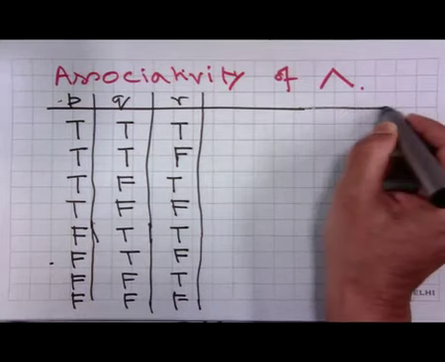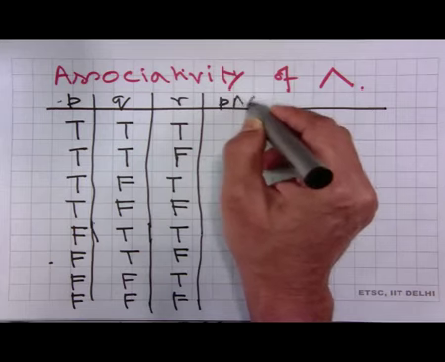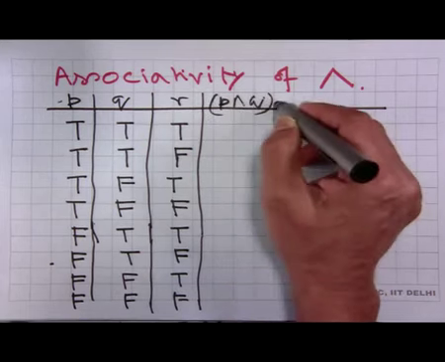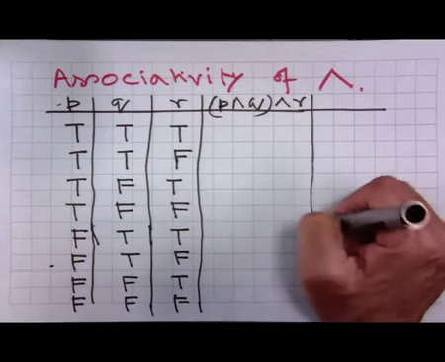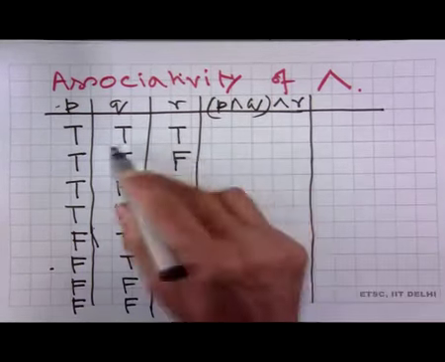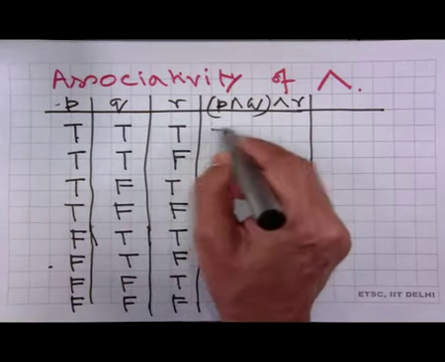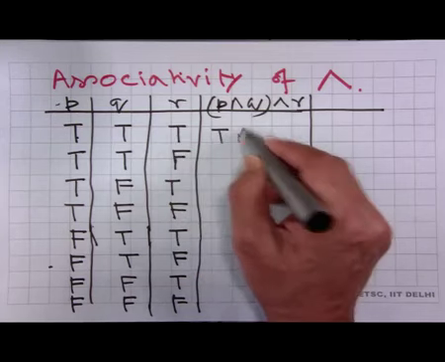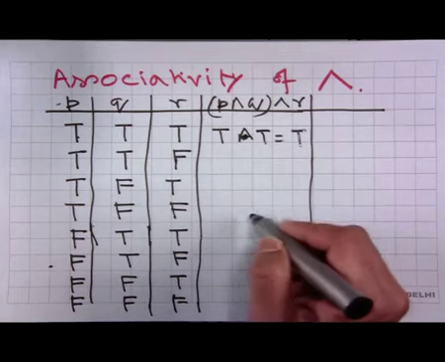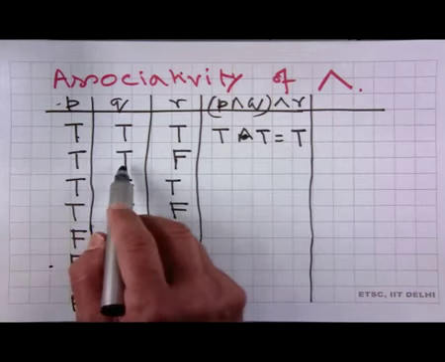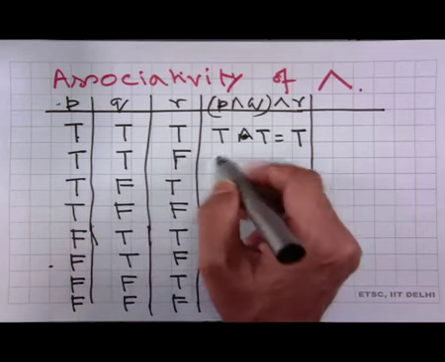Now, we want to find out what is (P and Q) and R. P and Q can be true and true, which is true, and R is true. So, this is T. P and Q again true and true, but R is false.